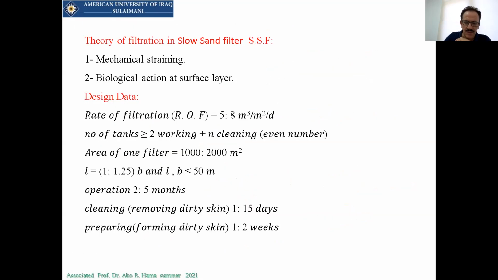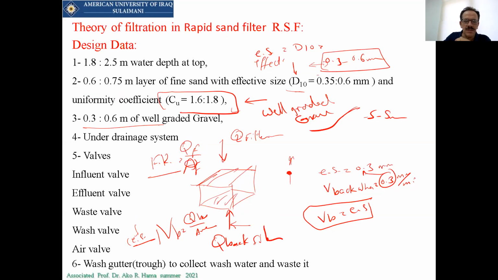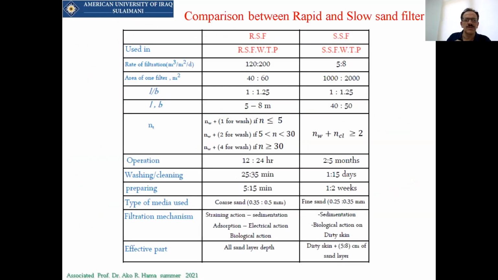The most important things that I want you to see here are the differences between the rapid sand filter and the slow sand filter. Again, I want to remind you that rapid means a very high rate, and slow means slow rate.